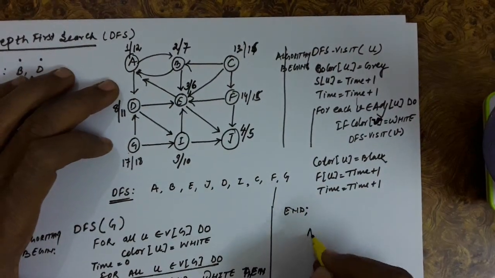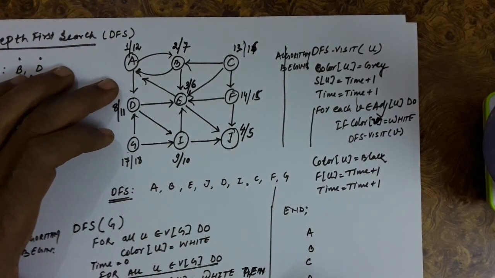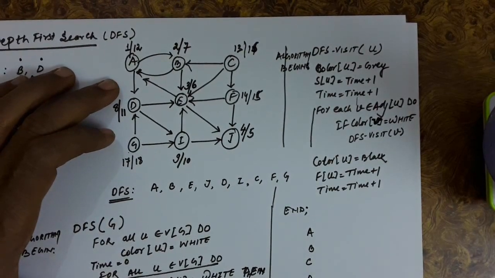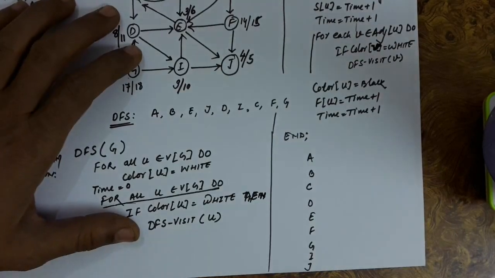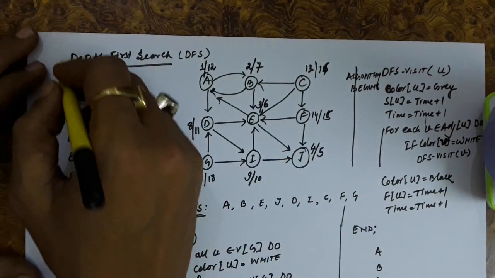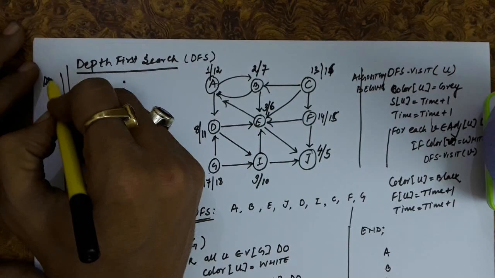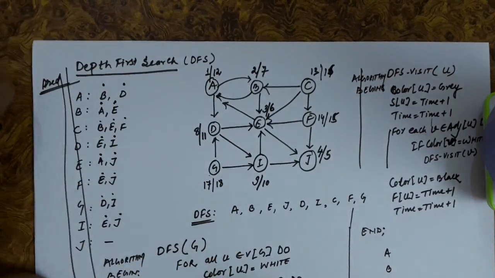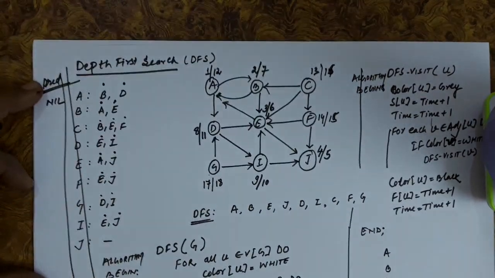So let's say the vertices are A, B, C, D, E, F, G, I and J. Let's say we are setting up the predecessors here. Now A has got explored automatically, so its predecessor will be null.